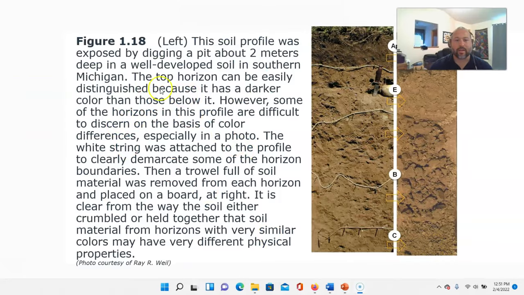I'll move myself out of the way now. If you want, you can pause and read how they describe this soil from southern Michigan. The big thing with morphology, and with what we're doing today, is really trying to get you to just see these differences, to start to be able to look at soil and say, wait, that looks different from that, and how are we going to classify that?